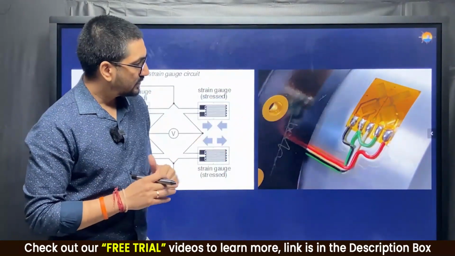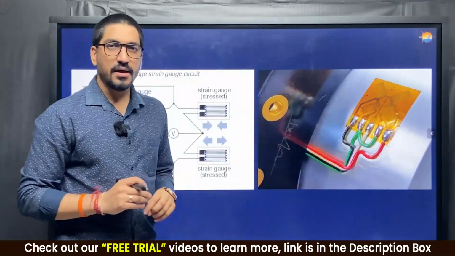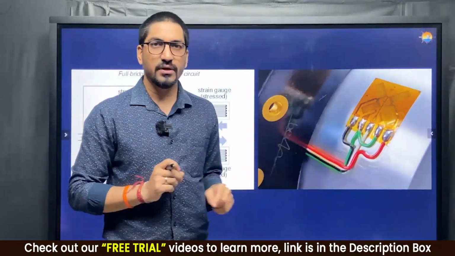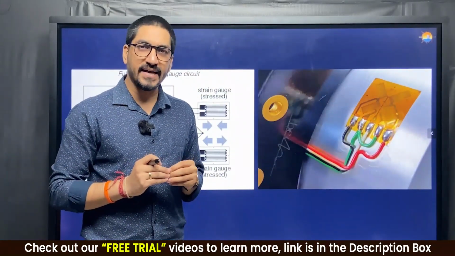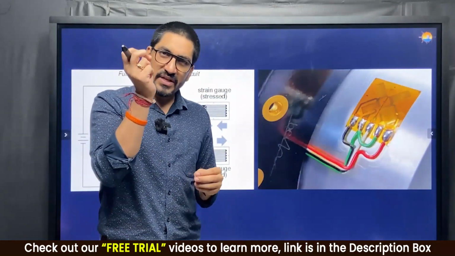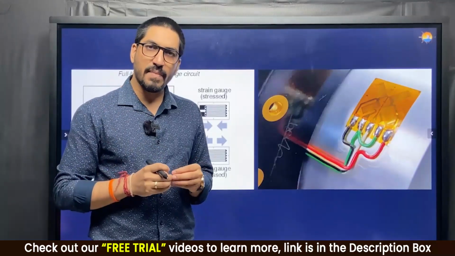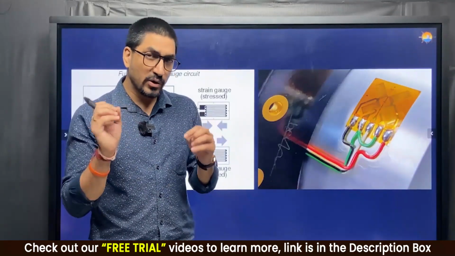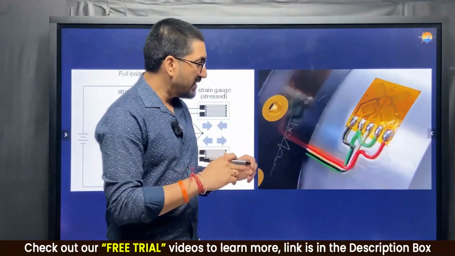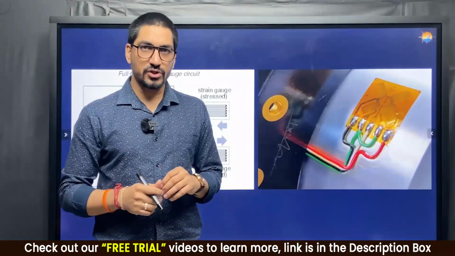Whenever the shaft moves, there will be very, very small deformation in the shaft, which we cannot see with the naked eye, but this equipment is very sensitive. Even if there is a deformation at the scale of, let's say, 1 micron or 1 nanometer, this can easily measure it.